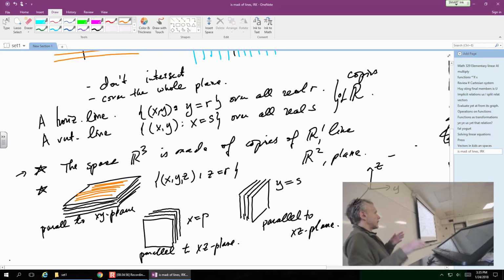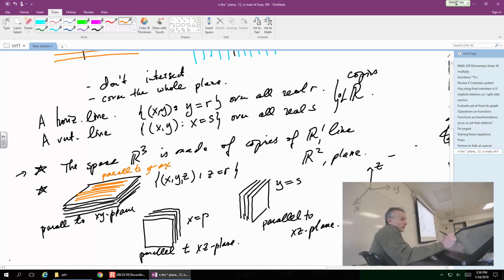Each plane will be decomposed into lines. I certainly could choose different ways to do it, but these lines are parallel to the y-axis. And then I could do it the other way, going vertically, and once again it will be fully decomposed.